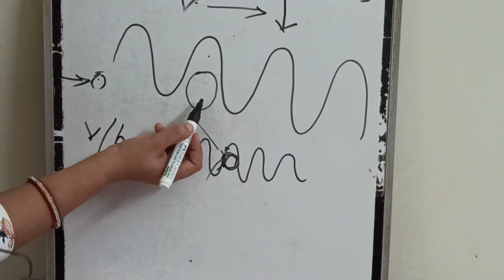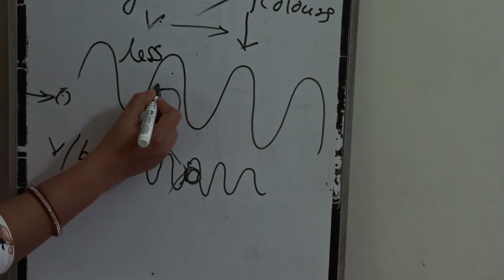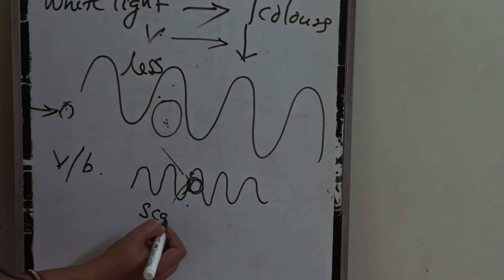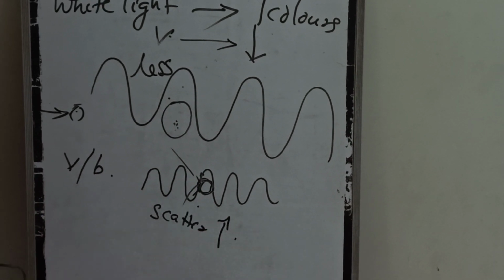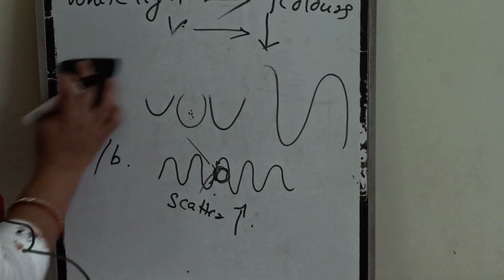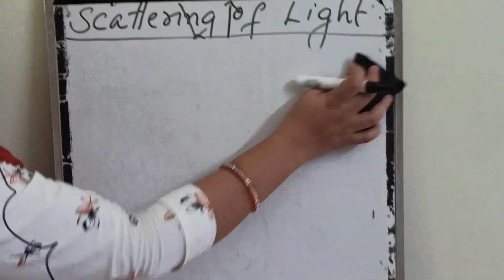Understand? So, for high wavelength, the scattering will be less. And for low wavelength, the scattering will be more. Is it clear? So, that's the main point here, that is scattering depends on wavelength of light.